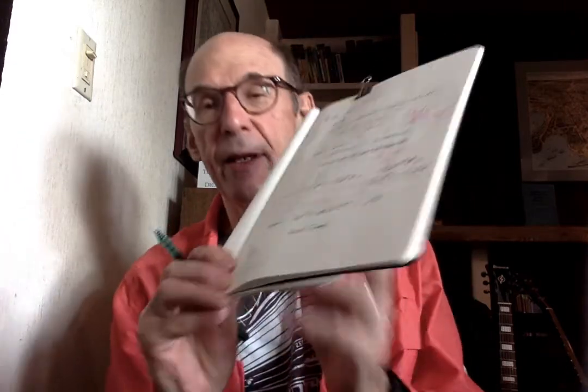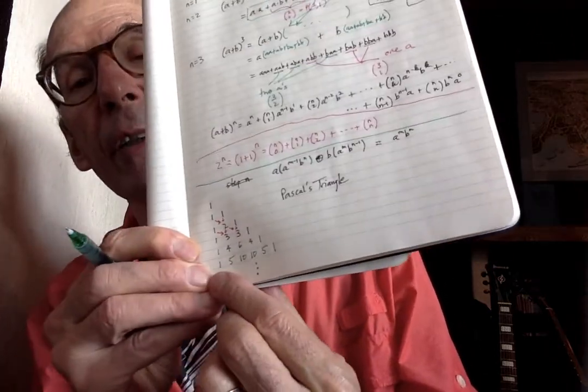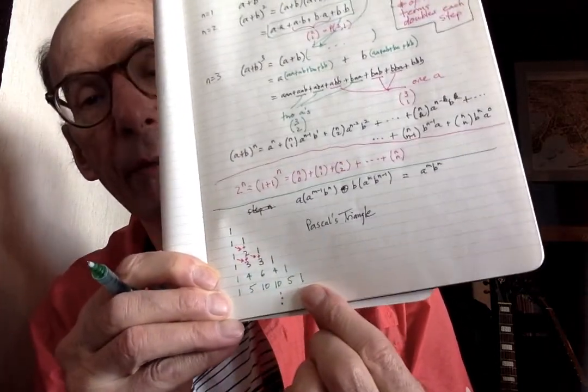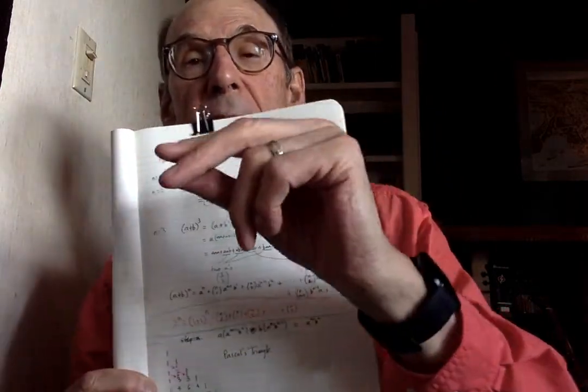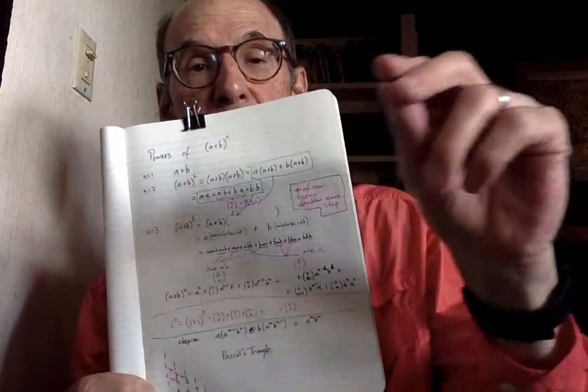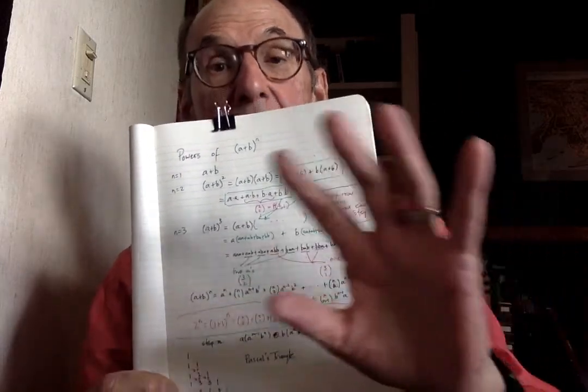Anyway, and so let me show you one last thing that makes this very interesting to computing. And we've seen this now two different ways. If you look at Pascal's triangle, it's a palindrome, 1, 5, 10, 10, 5, 1. Or if you look at these binomial coefficients, n choose k is the same as n choose n minus k. There's symmetry here. So if you want to calculate this, you only have to calculate half.